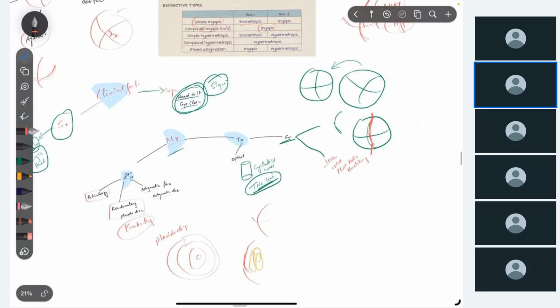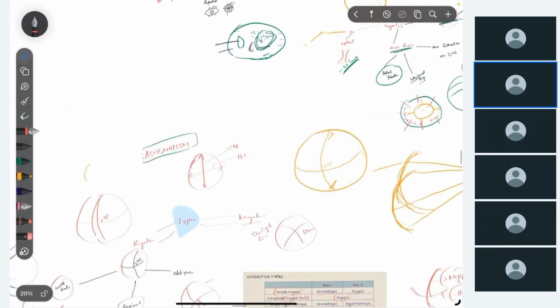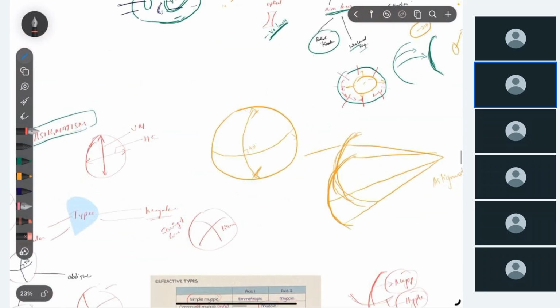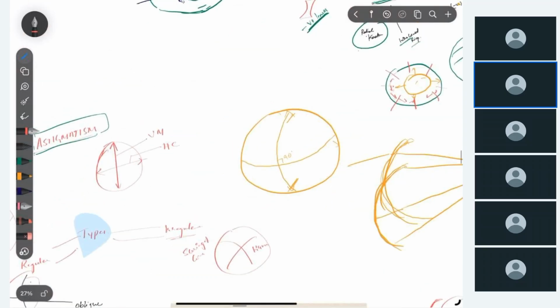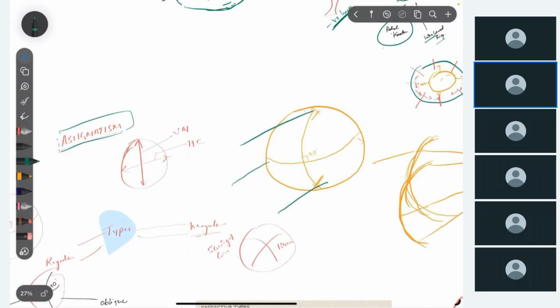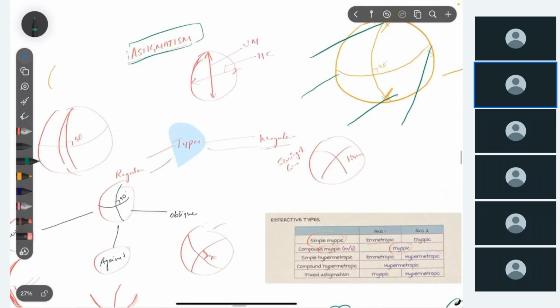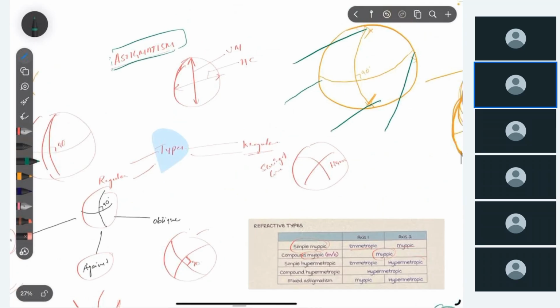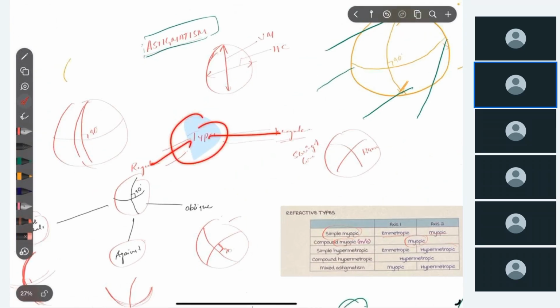So once again, let's see what astigmatism is. Astigmatism is a problem where the light falling on the two meridians is not getting focused at the same point. There are two types, regular and irregular. Regular means the vertical meridian and horizontal meridian are always 90 degrees to each other.